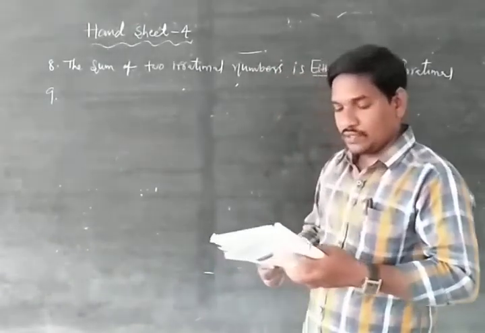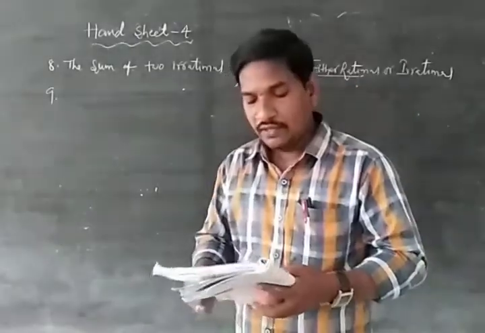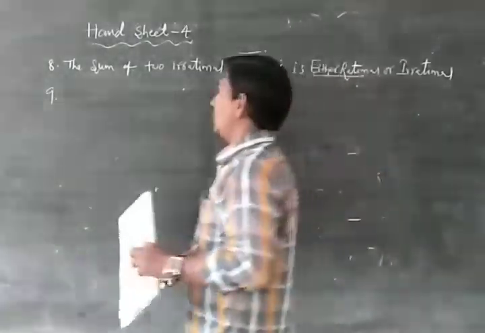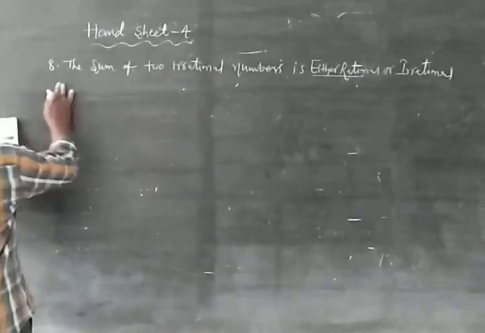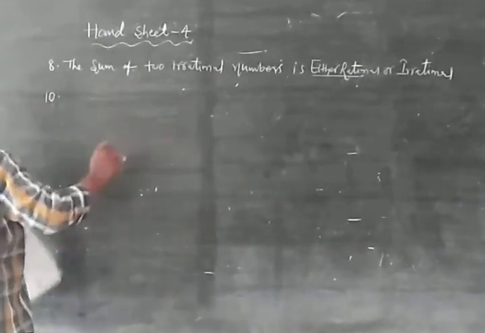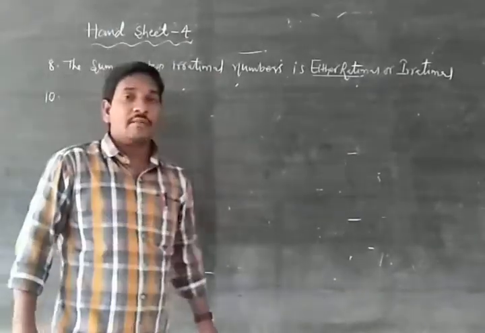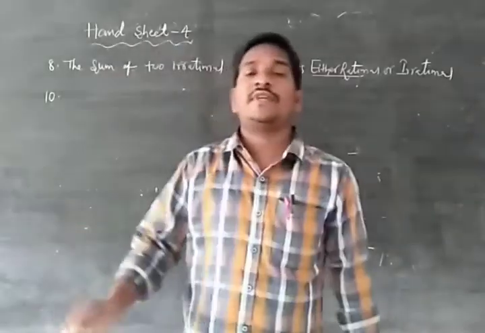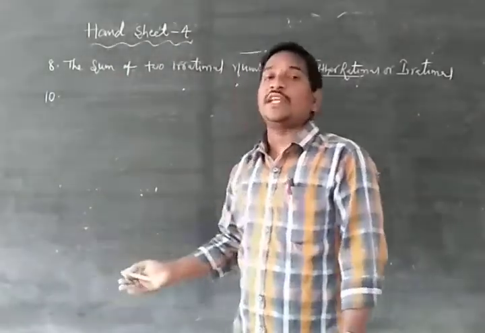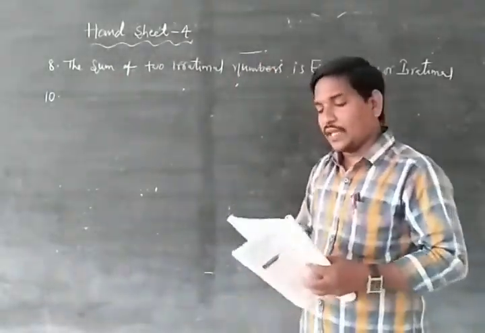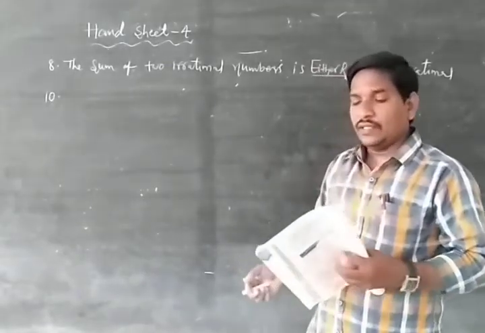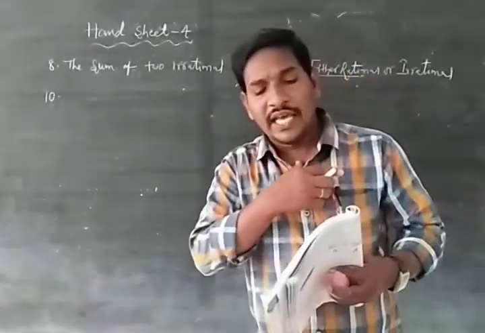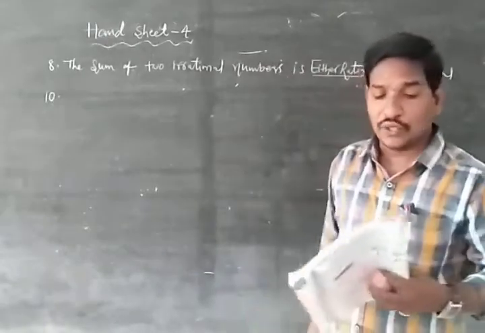Okay, leave 9 and 11. I will tell you later. And 10th question. Definitely we cannot determine 0 after an irrational number. But we can determine rational numbers next to 0.